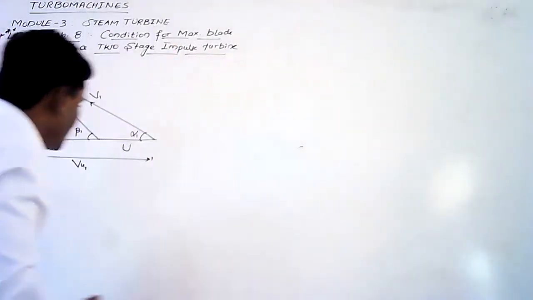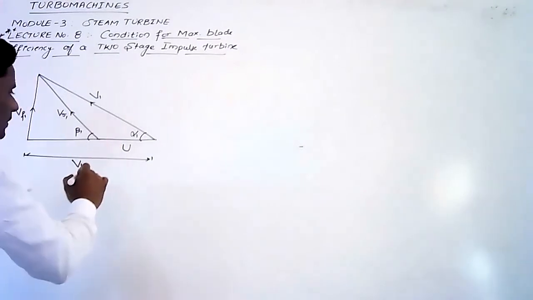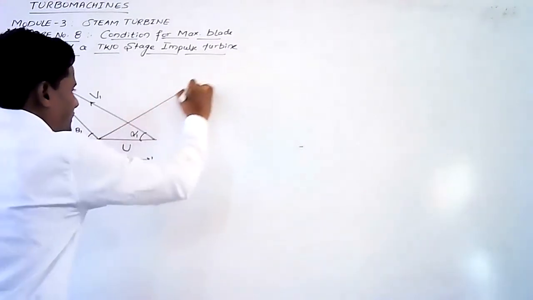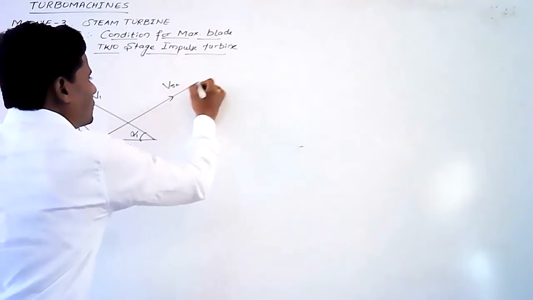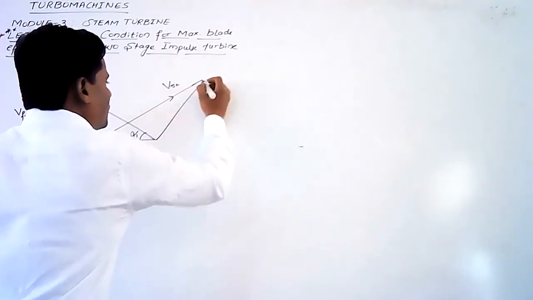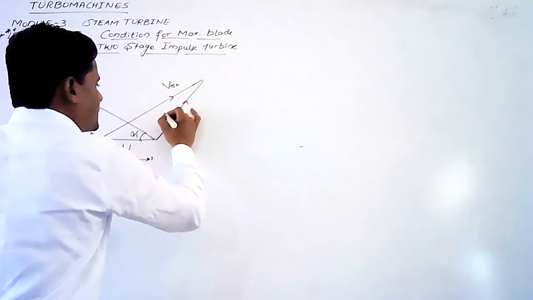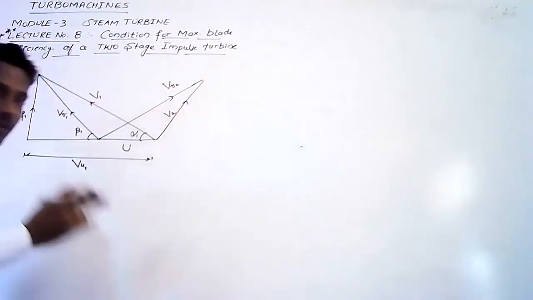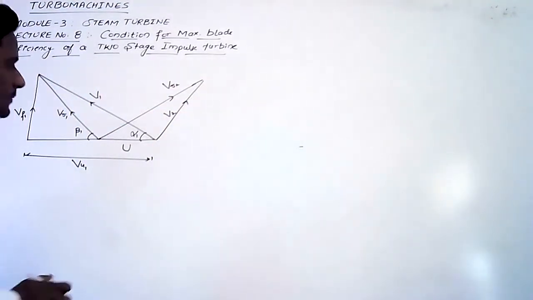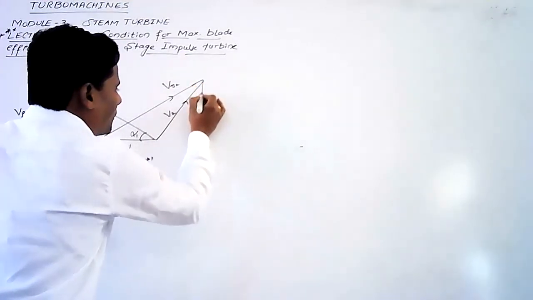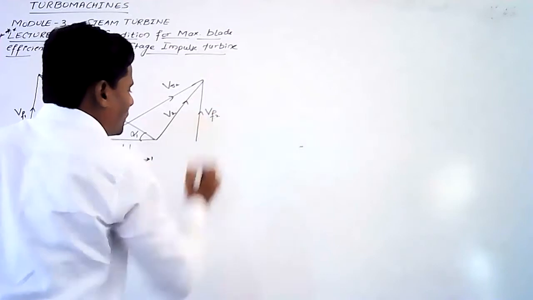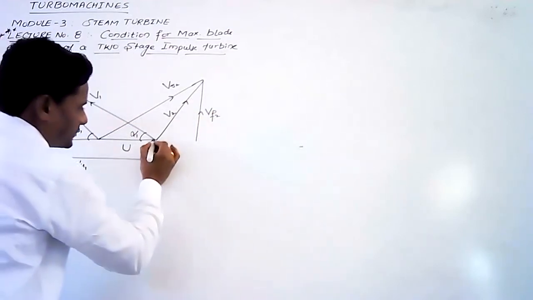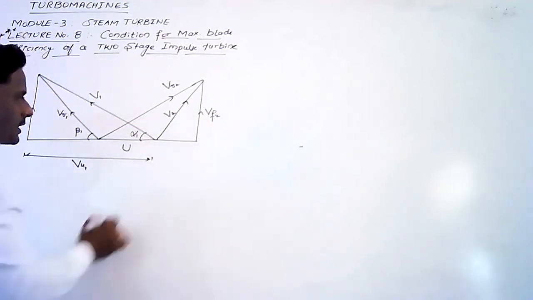Now the corresponding outlet velocity triangle is: this is VR2, and this is V2. V2 is the velocity of steam at the outlet of the first row of moving blade. Next, its vertical component is VF2, the flow velocity component at the outlet. Join these 2 points.